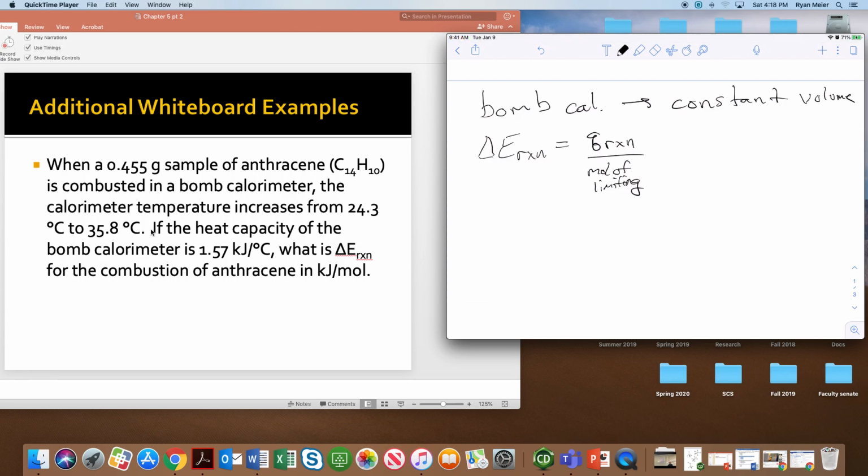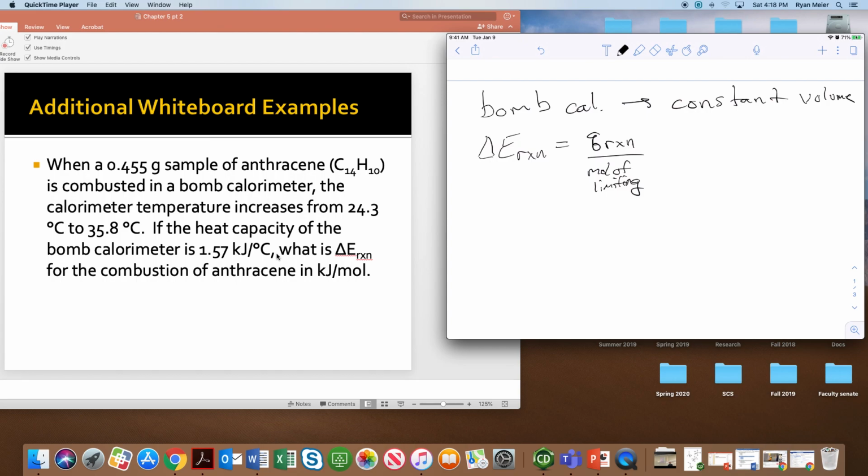If we look at the rest of our information, when this sample is combusted, the calorimeter increases in temperature from 24.3 to 35.8 degrees Celsius. And they tell us the heat capacity of the bomb calorimeter is 1.57 kilojoules per degree Celsius.